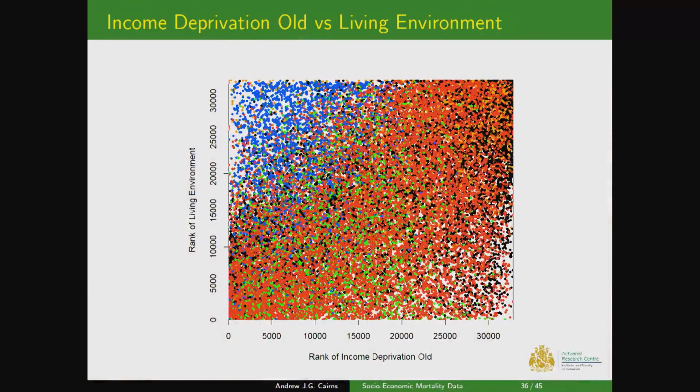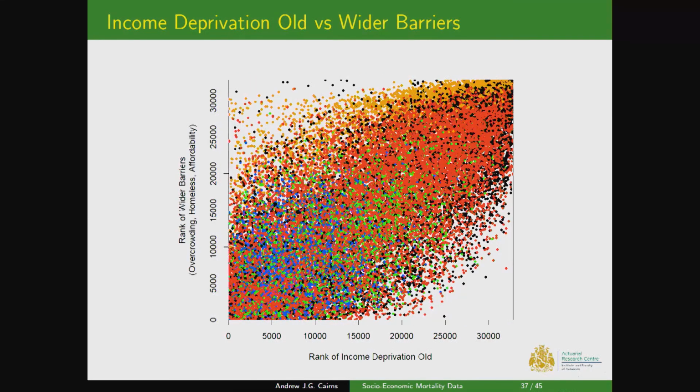Income deprivation old versus living environment, and then you've got lots of blues up there. So in the rural areas, you have perhaps generally low deprivation in terms of income, but you have lots of unmodernized houses, for example, out in the countryside. So that's why perhaps you've got a lot of blue up there. Income deprivation versus the wider barriers, so that's homelessness and affordability of housing.